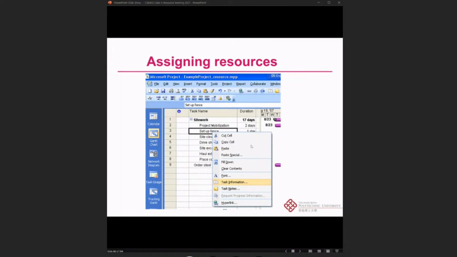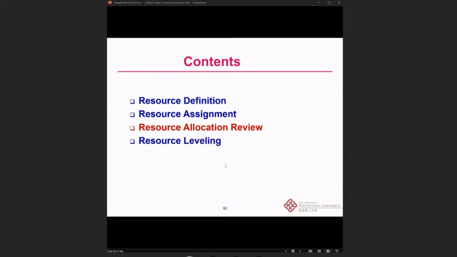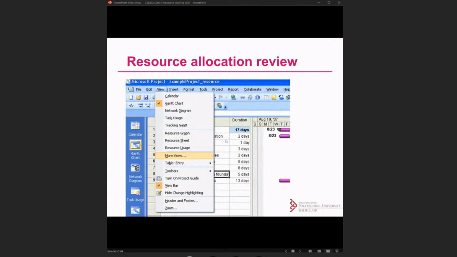And you can also check those task information, like dozers, general labors. And then finally, the next thing you can do is the allocation review, to find out whether there is something that has been over allocated, and then we can do some optimization.